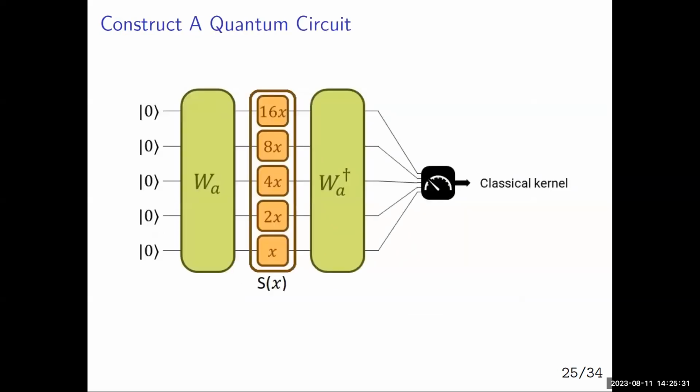This is the quantum circuit we construct to approximate it. It's actually relatively simple. S of X is our encoding gates, and these values are specifically chosen so that we have an integer Fourier spectrum. If you remember from the previous example, the encoding gates determined the frequency values of the Fourier spectrum.